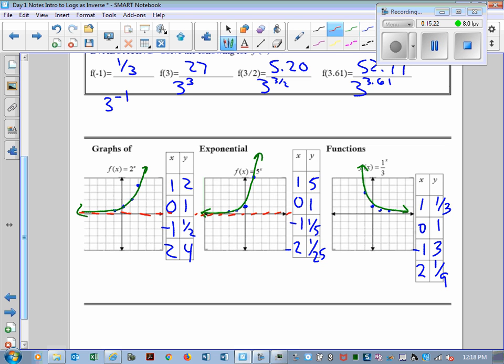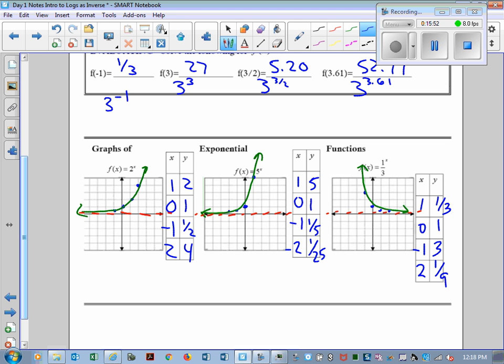And our asymptote is still the x-axis. Now, you know the asymptote is because you can see the curve not touch it. But by the time we're done, you should know where your asymptotes are just because it's an exponential function.